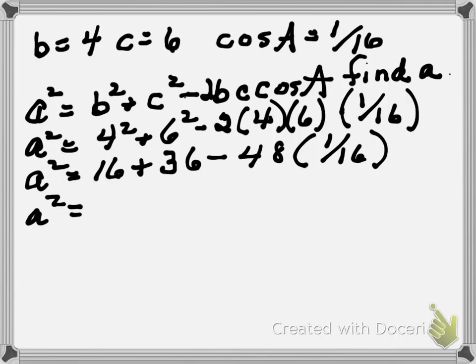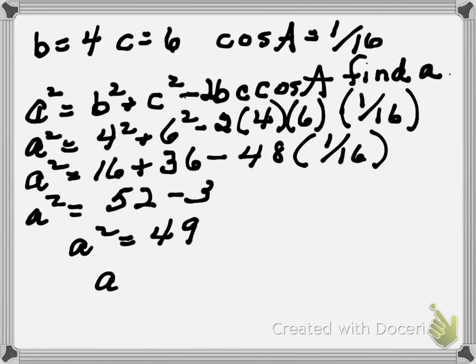So I have 16 plus 36, or 52, minus 48 divided by 16 is 3. A squared equals 49. A is equal to 7.